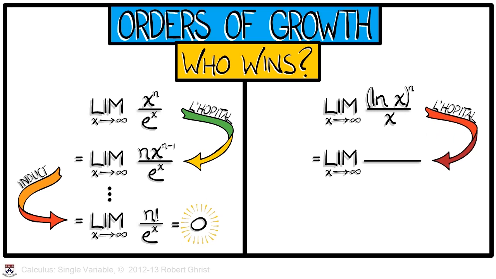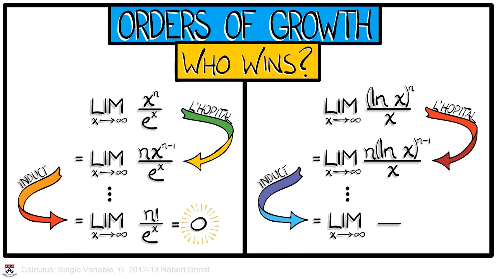Well, if we apply L'Hopital's rule, we get in the numerator n times the log of x to the n minus first power times the derivative of log of x, which is 1 over x. The denominator, well, the derivative of x is simply 1. So we are left, again, with an indeterminate limit. However, inducting, eventually, what are we going to get?